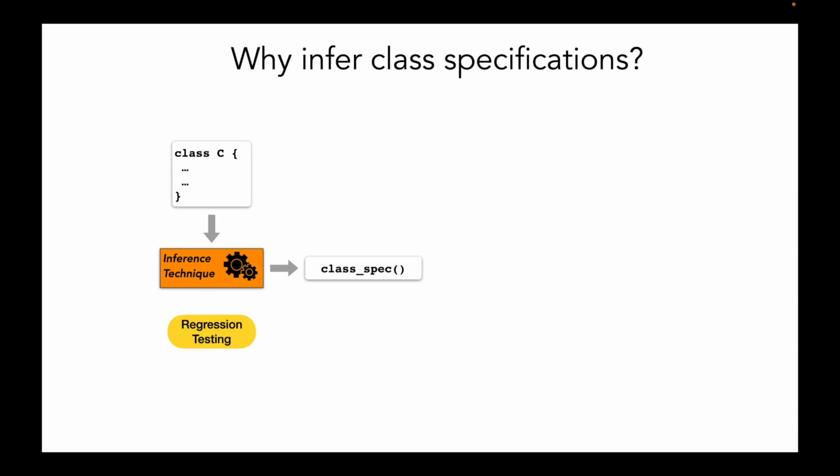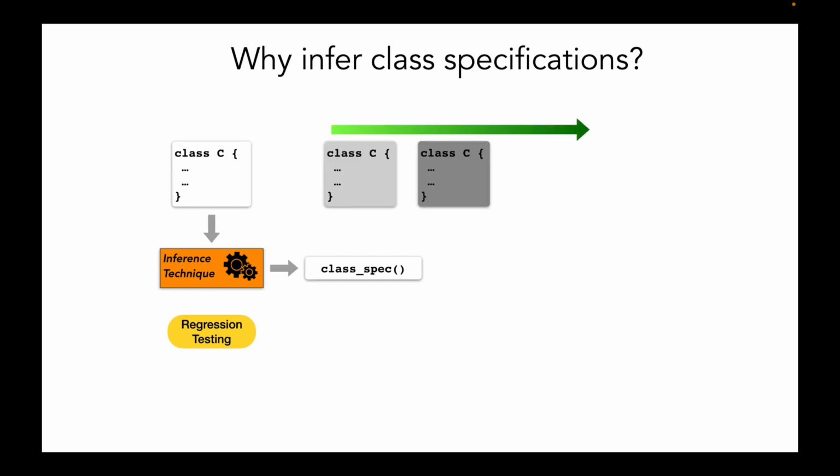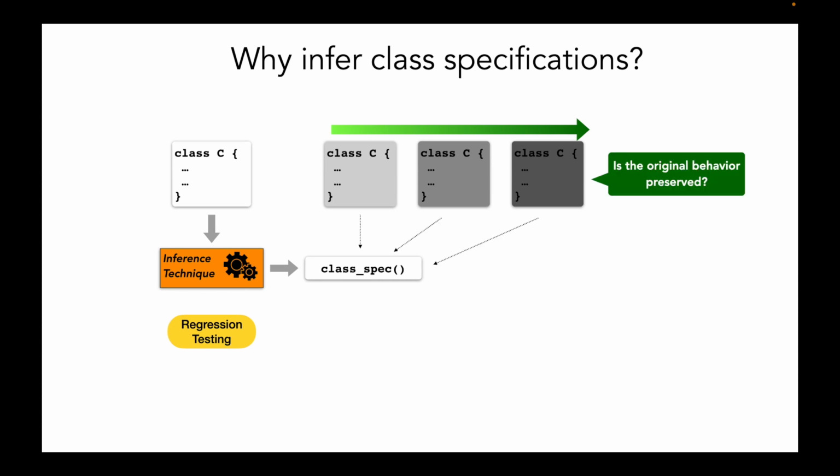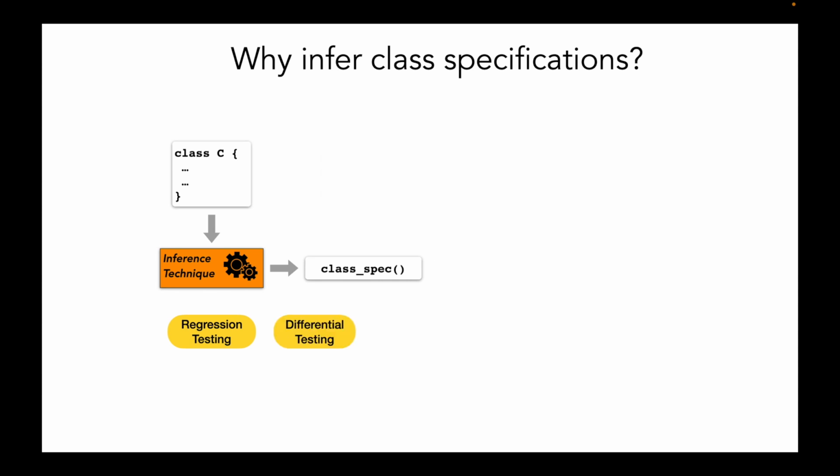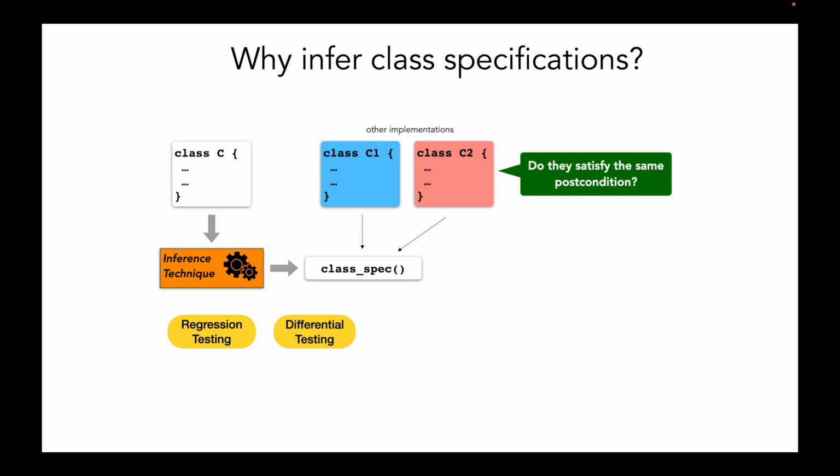For instance, in the context of regression testing, as implementations evolve with time, one may be interested in checking whether the original behavior is preserved. In differential testing, given different implementations of the same class, specifications can be used to analyze if these implementations behave the same.